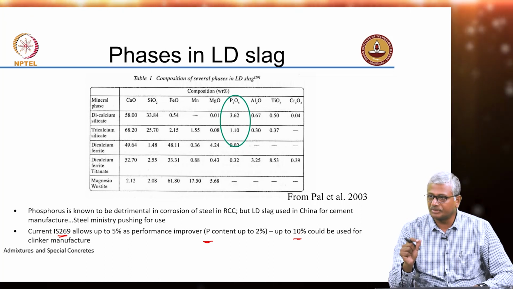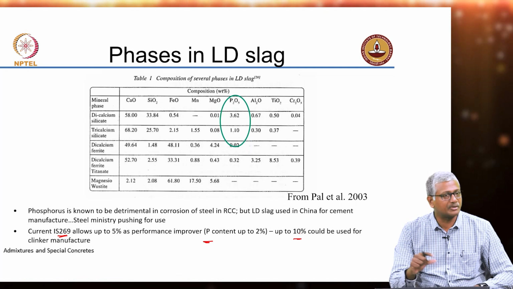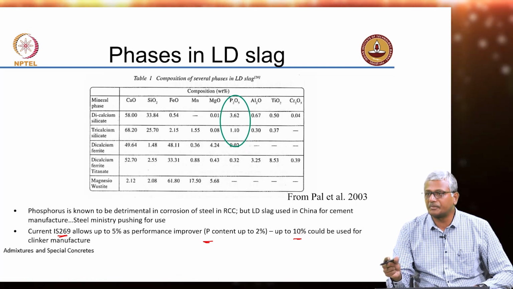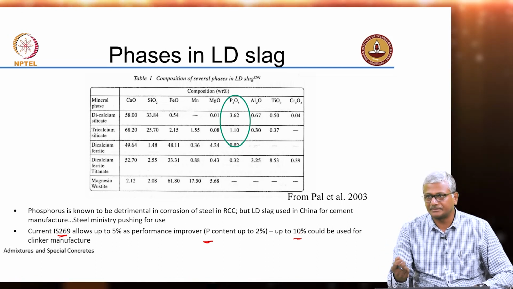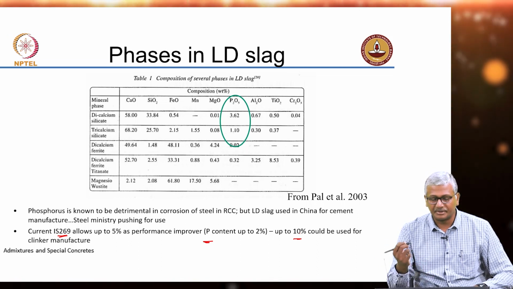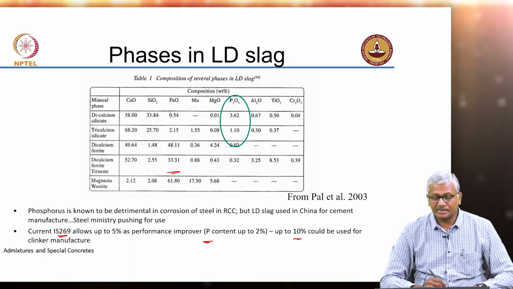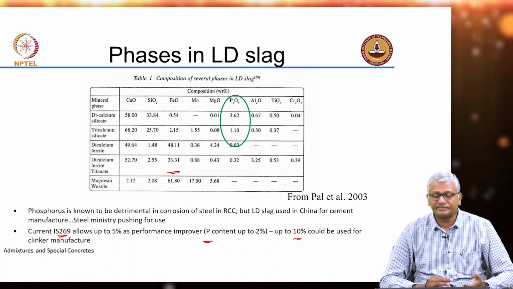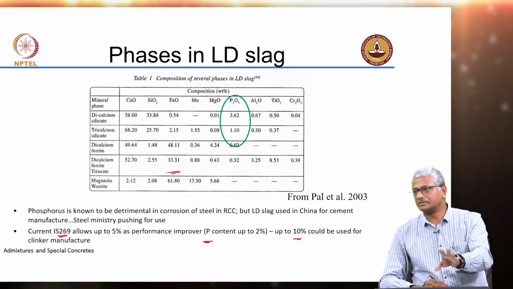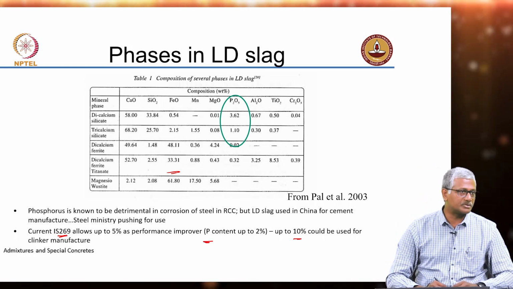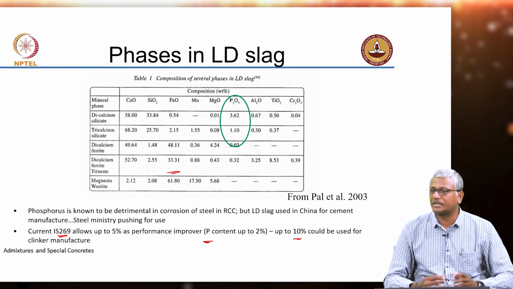The grinding of the LD slag particles is going to be very little as compared to the grinding of the clinker particles, which are much less hard. Here there is a lot of iron present, right. So many iron bearing phases are actually present in the LD slag. Because of this, you obviously have a preferential grinding of clinker, and the slag will not really get ground much. So it may be okay as a performance improver, but again you have to look at the efficiency of grinding.